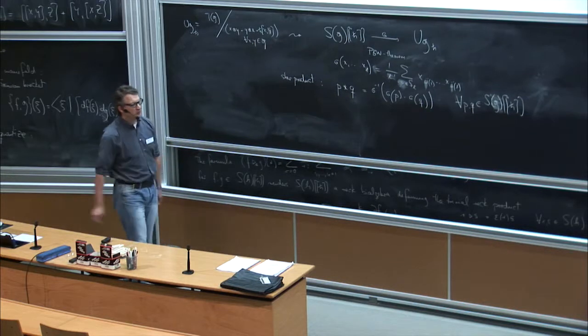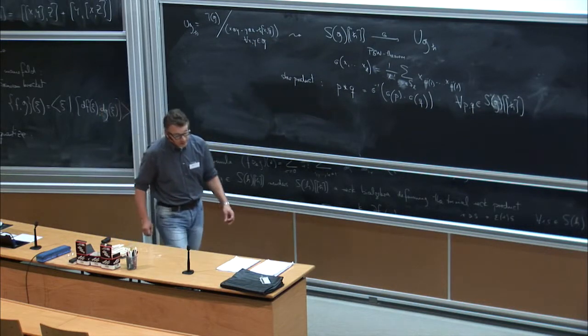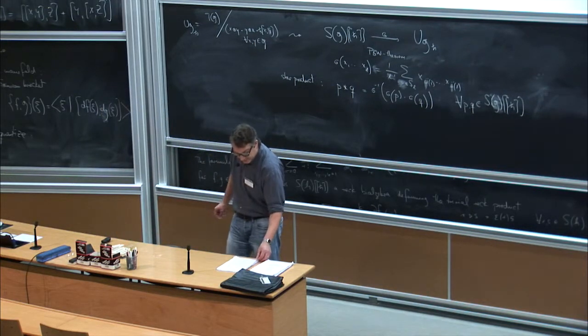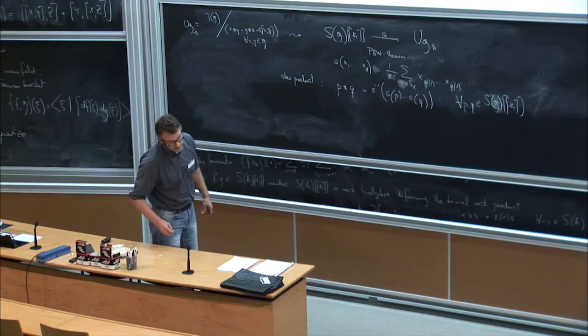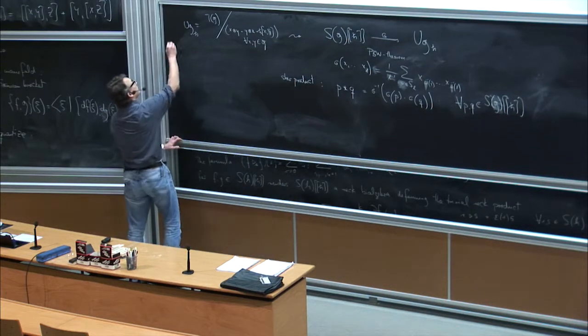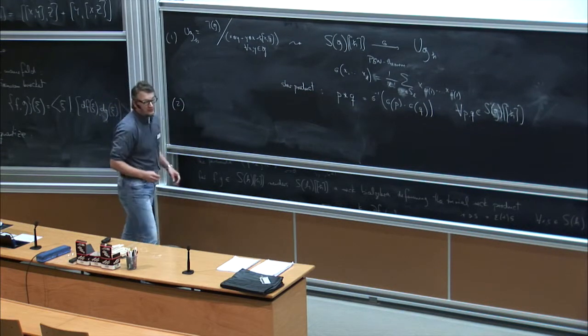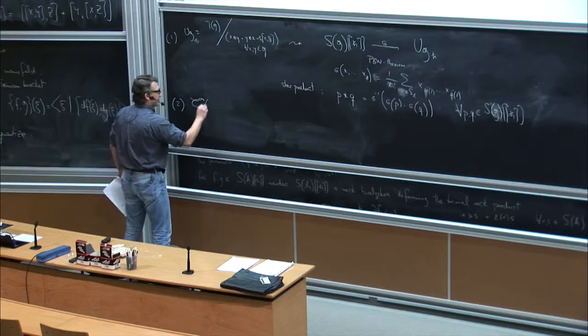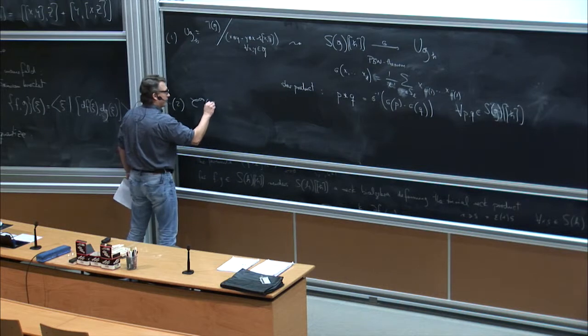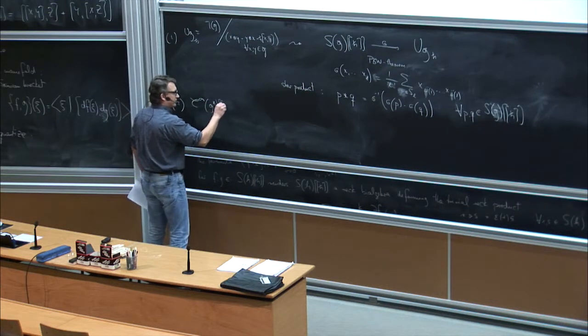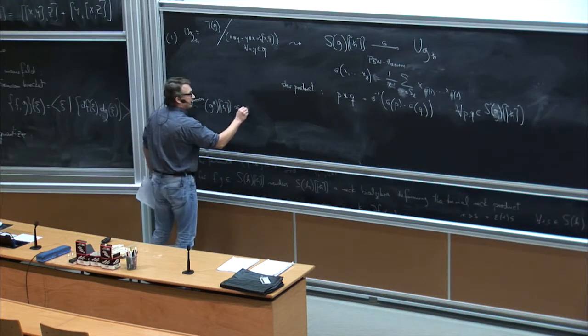So this is the first point of view, but there's another point of view about the quantization of the dual of a Lie algebra. You can also think of C infinity of G star, h bar, as a star algebra.